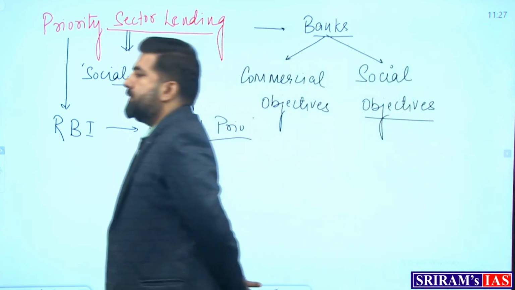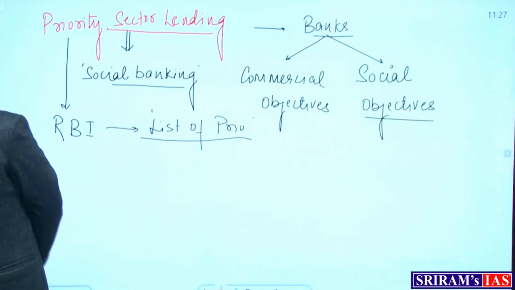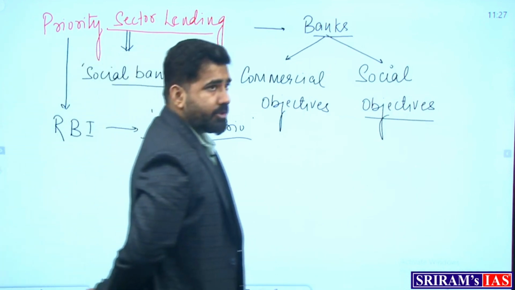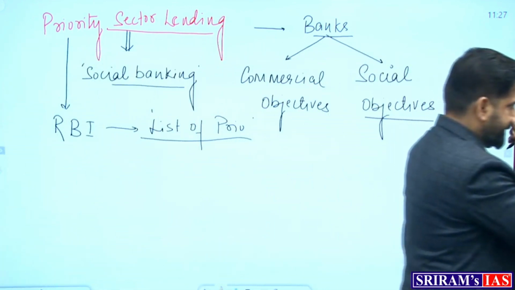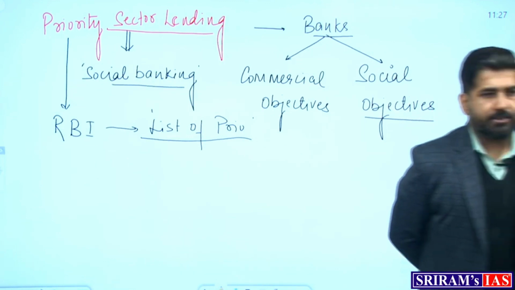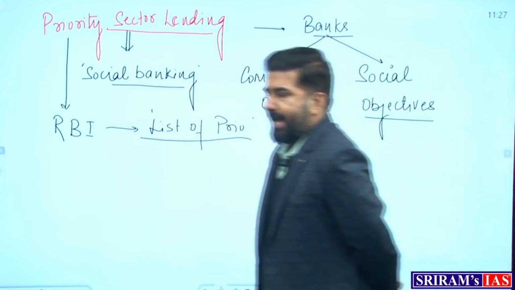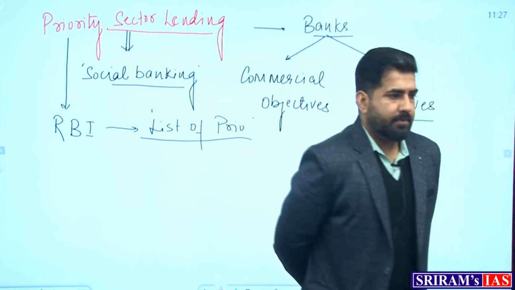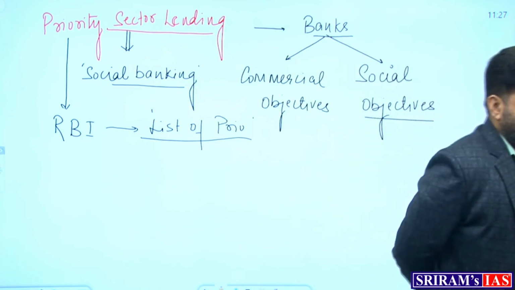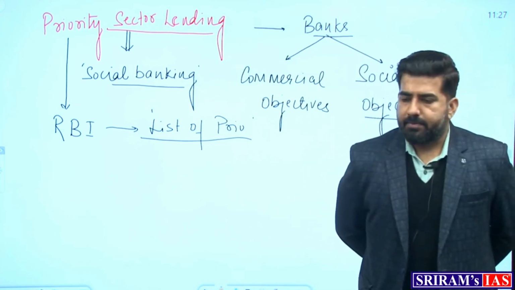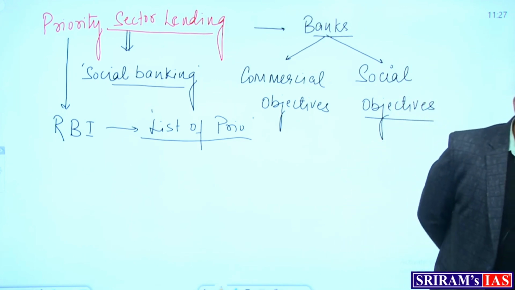Next, you write it down. Third point, list of priority sector. First subpoint, agriculture. Second subpoint, MSMEs.